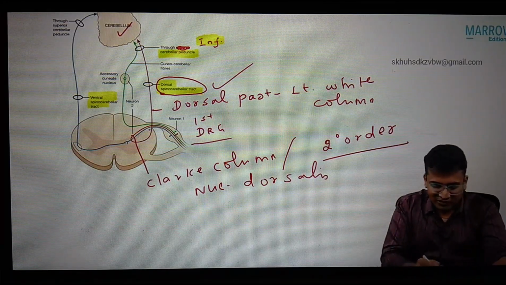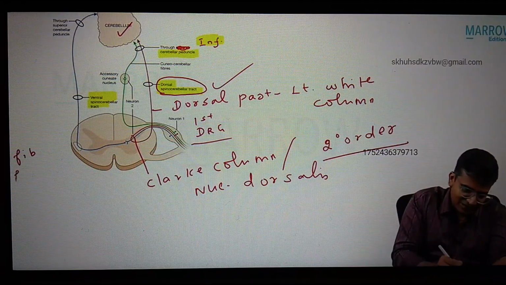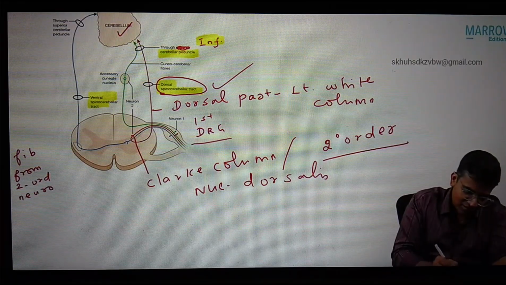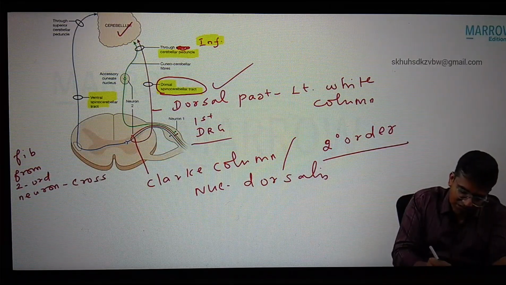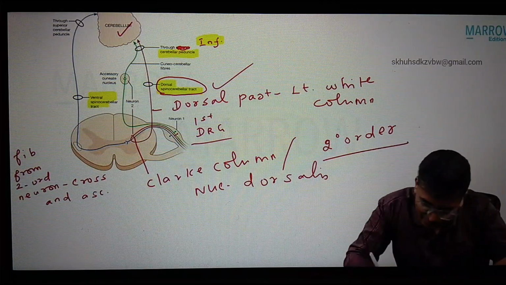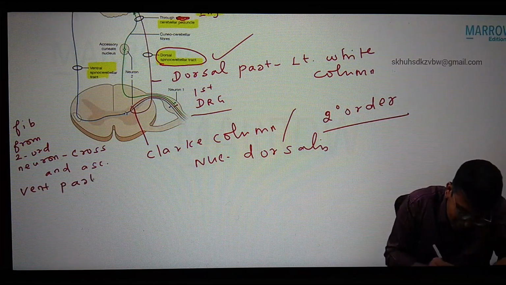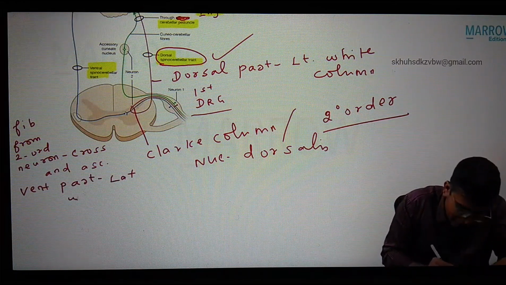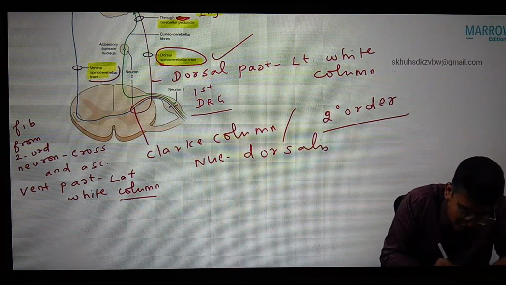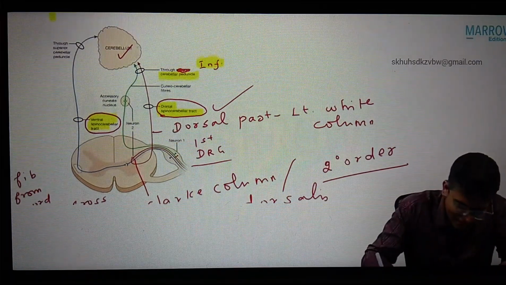From the second order neuron, the fibers cross to the opposite side and ascend in the ventral part of the lateral white column as the ventral spinocerebellar tract.